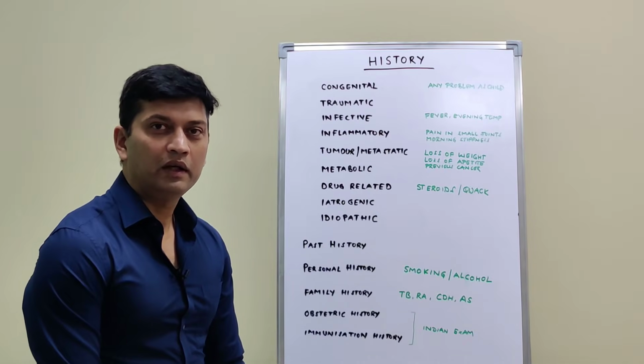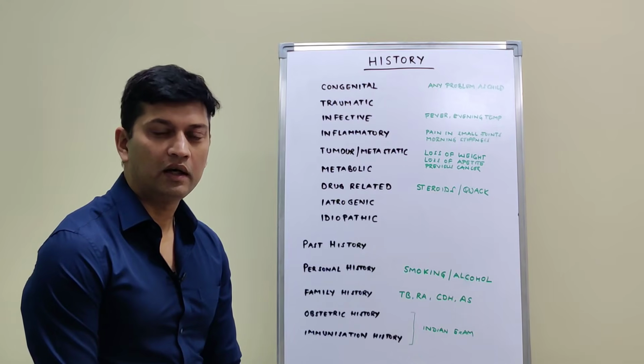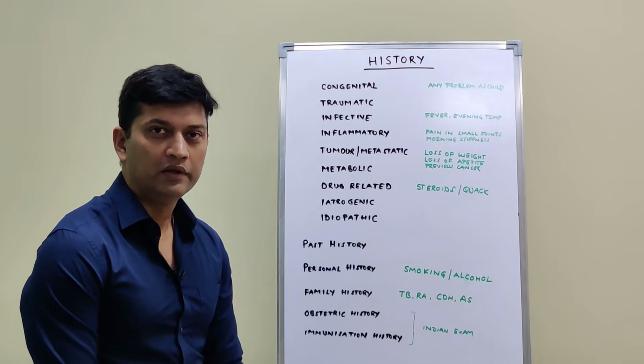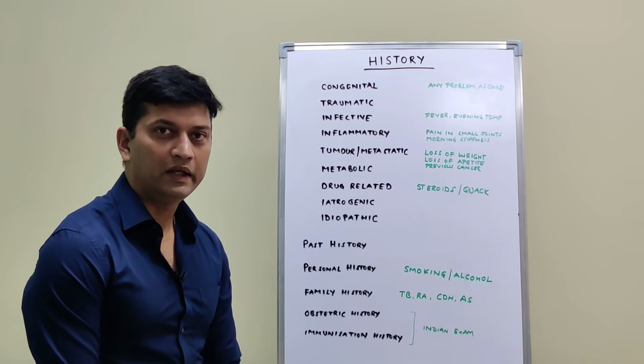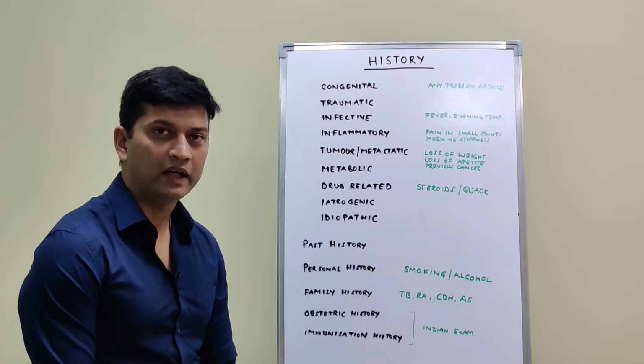So whenever you are taking history for any pathology in orthopedics, there are only few potential etiologies that are responsible for causing a particular condition. So when you are examining a hip, when you are taking a history, you should try to filter these causes. They may be in form of a positive history, or they may be in form of a negative history.